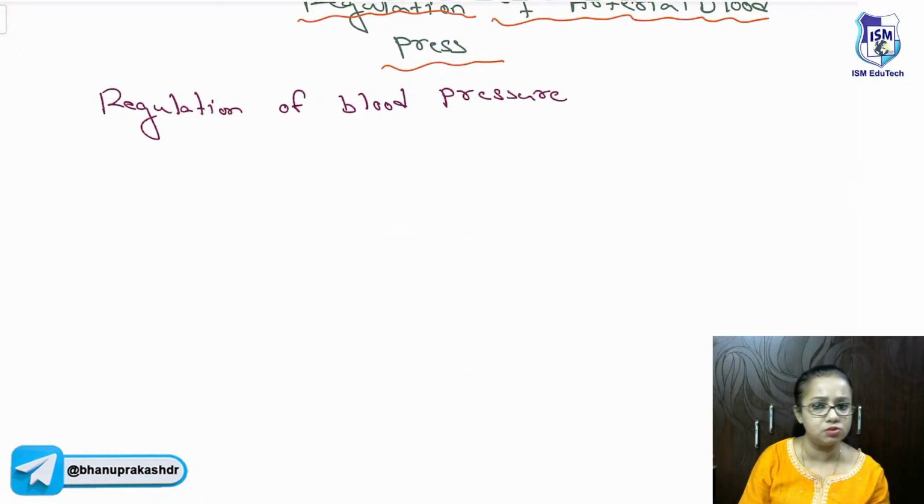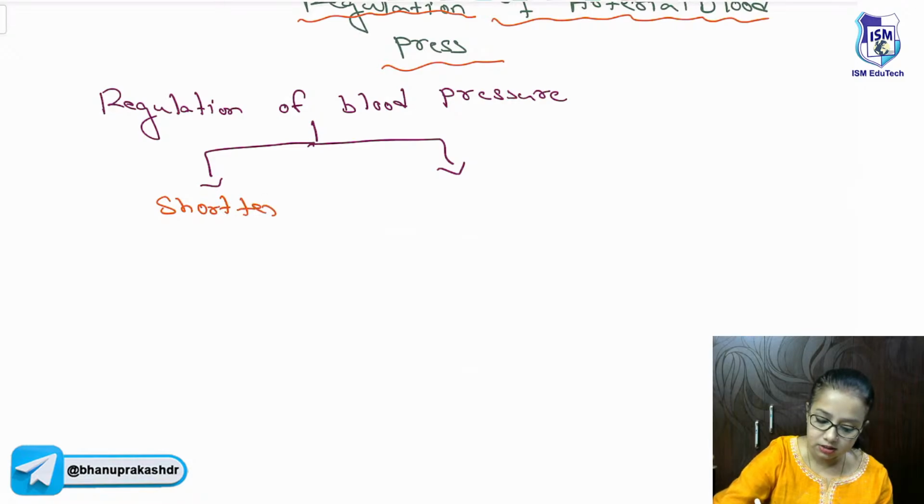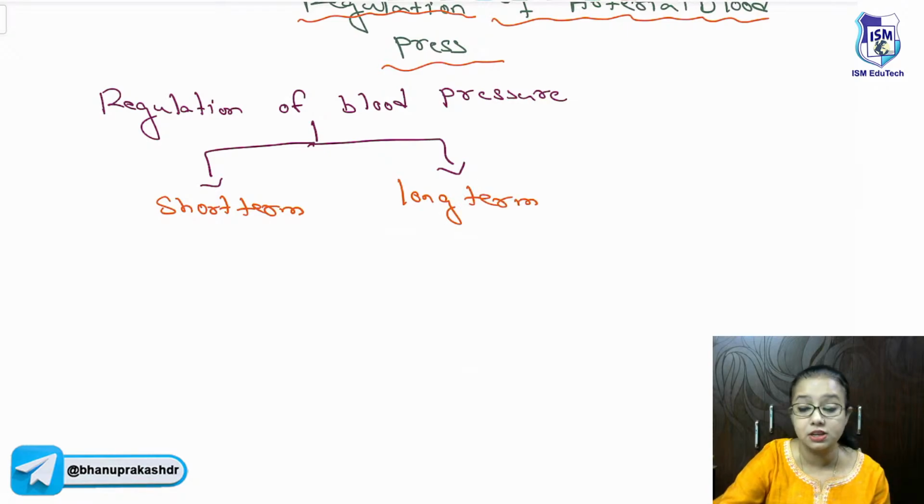This should lay a very good concept about the arterial blood pressure for us. Now, regulation of blood pressure is primarily of two types: the short term regulation, and another one, the long term regulation.